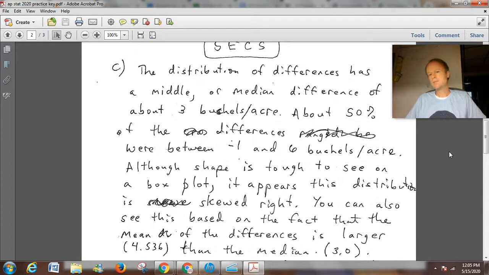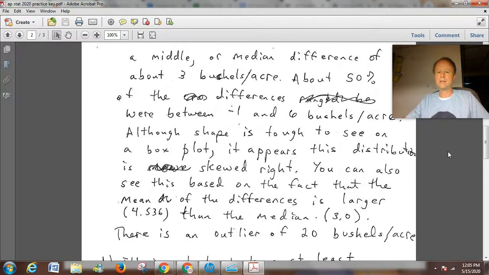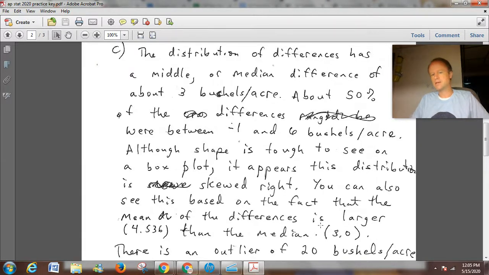You can also see that based on the fact that the mean of the differences is larger than the median, that indicates that we have that skew to the right. So just a reminder before we go on, remember, the mean is not resistant to outliers.